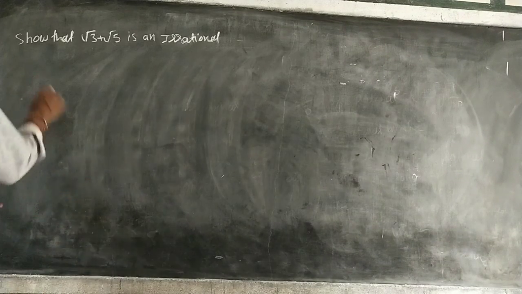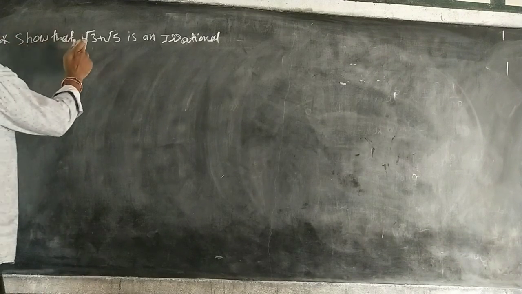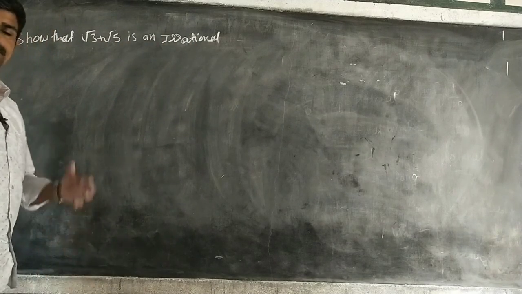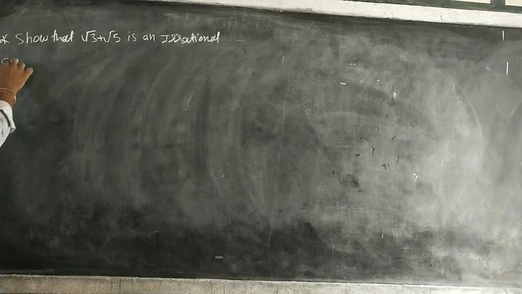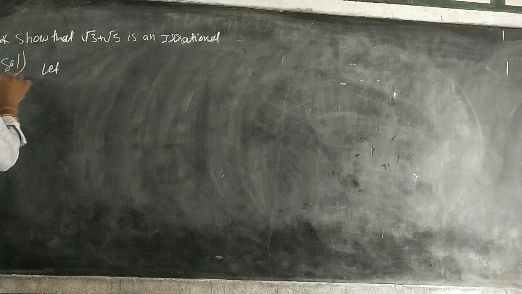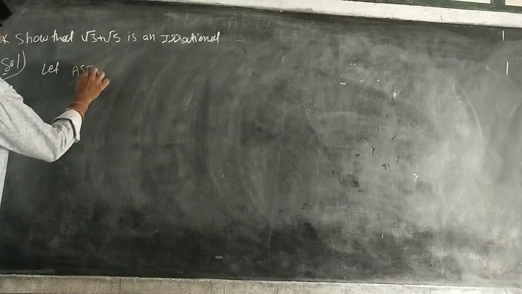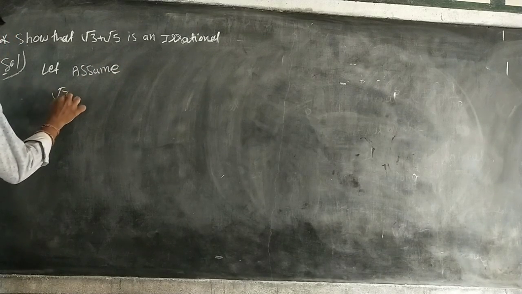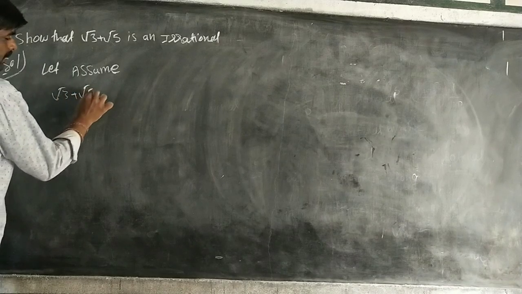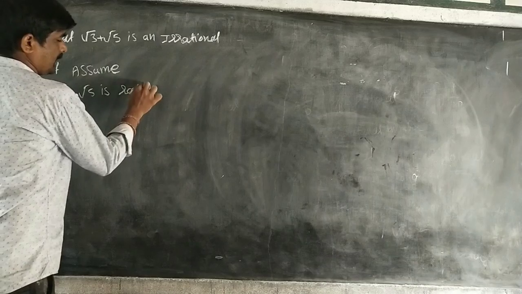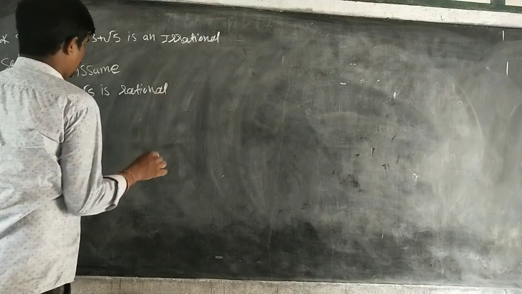Next, again one problem. Show that root 3 plus root 5 is an irrational number. Solution. Let us assume root 3 plus root 5 is a rational number.